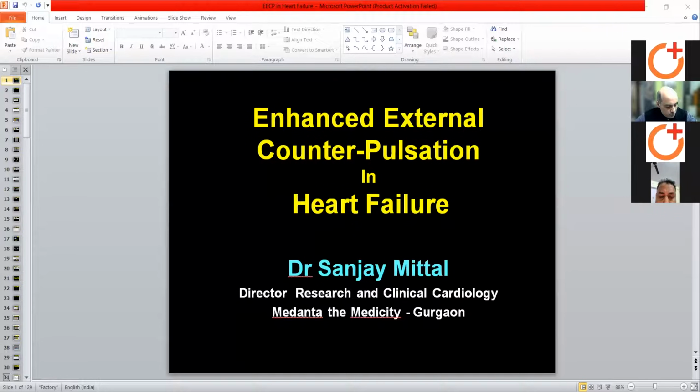I was told that some lay people would also be hearing this talk. Heart failure is currently defined as a group of syndromes, or signs and symptoms, resulting from structural and functional impairment of the heart. This could be in the form of either impaired filling of the heart, meaning the heart is stiff, or reduced pumping power of the heart.